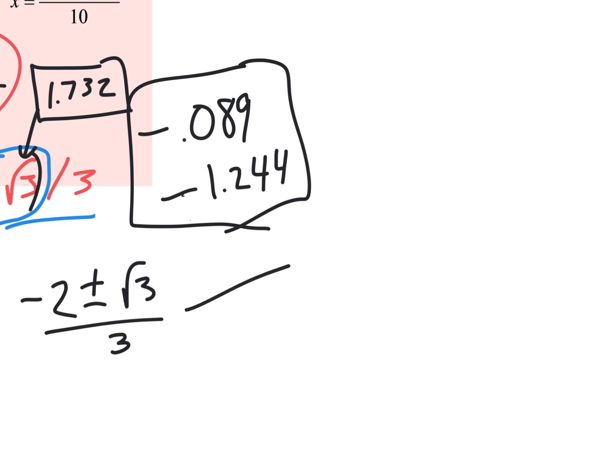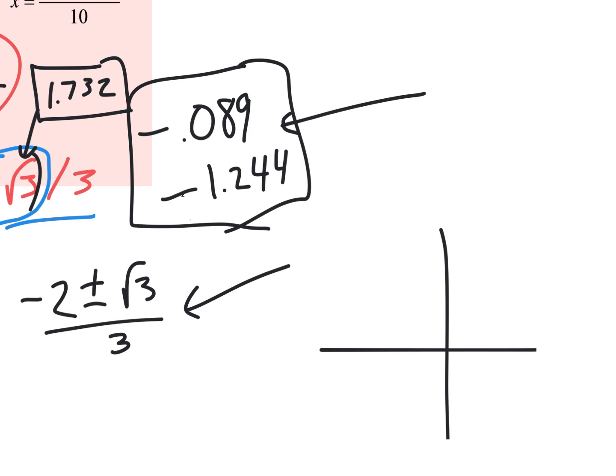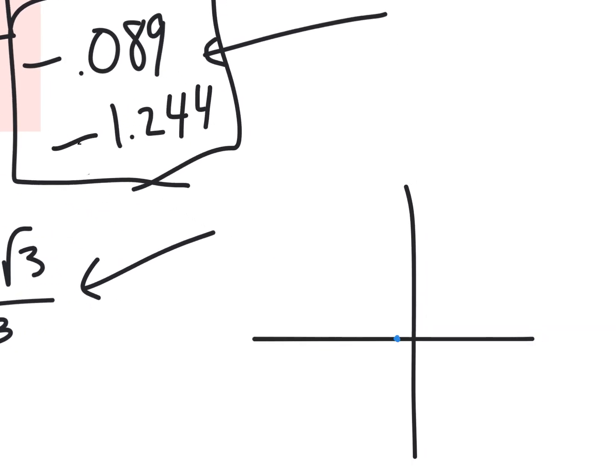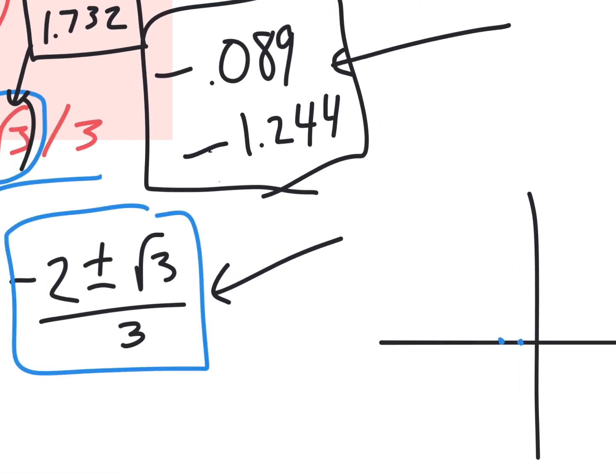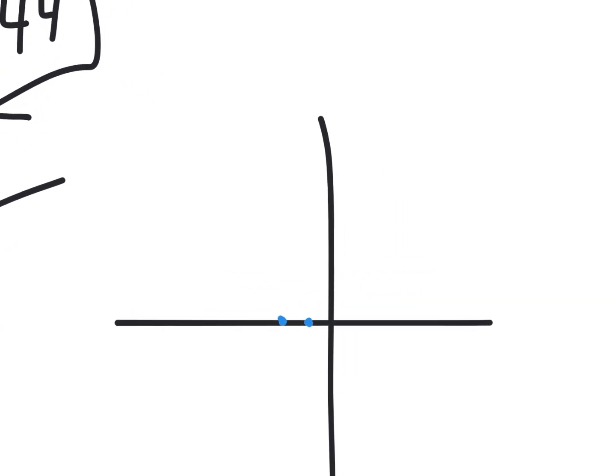Whereas if I asked you, where is that on the graph? You'd be like, oh, so they're both negative and one's just really, really small. And so I guess they'd be like here and here. And I can do it really quick in decimals. But if I look at that, where in the world is that? It's hard to tell. Okay, so it just kind of gives you a better idea of what this actually is. Okay, and it was a parabola that goes like that.